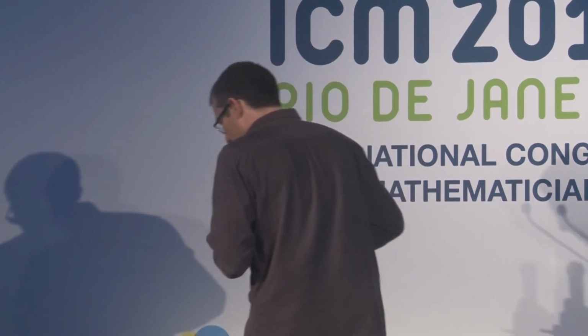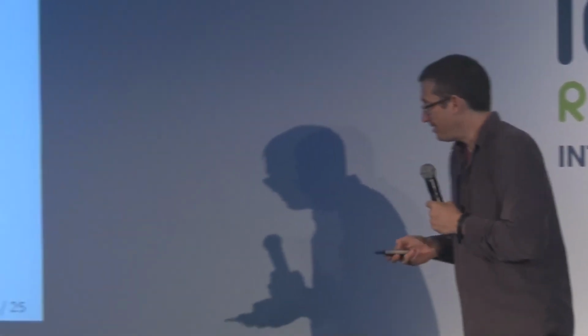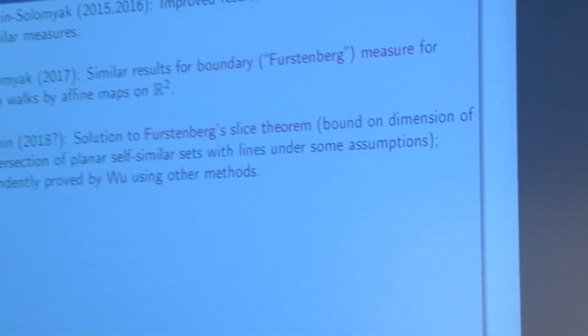Another result that used at least a similar philosophy is a result by Shmerkin, which solved what's called the Furstenberg slice theorem. This is, or conjecture. Yeah, this should be a conjecture. The theorem is Shmerkin's and Wu's.